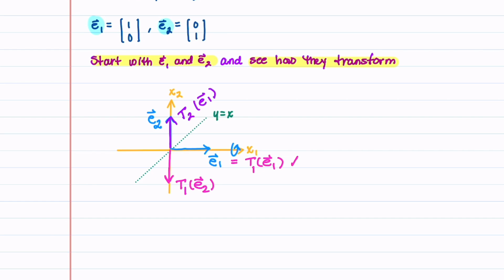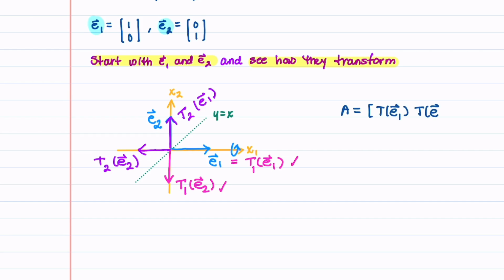Now let's look at what happens to T1 of E2. When we reflect that one about the line y is equal to x, it comes over here. So we're going to label this one as T2 of E2.